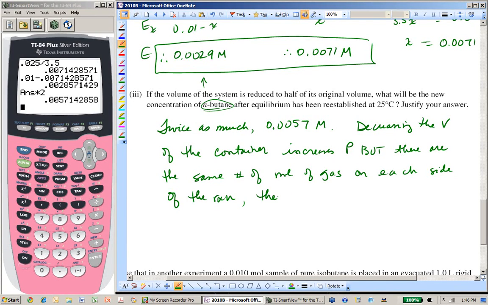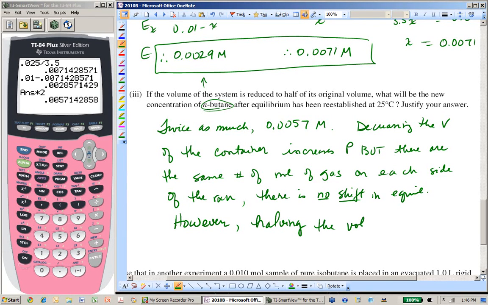There is no shift in equilibrium. However, having the volume halved doubles the concentration.